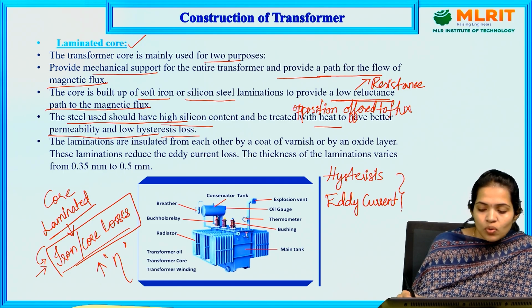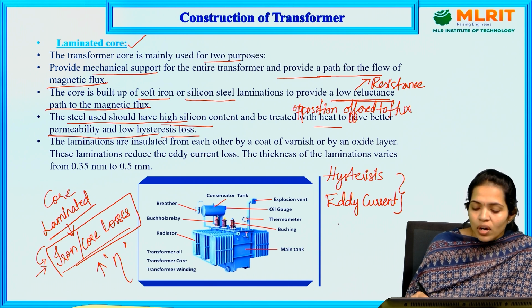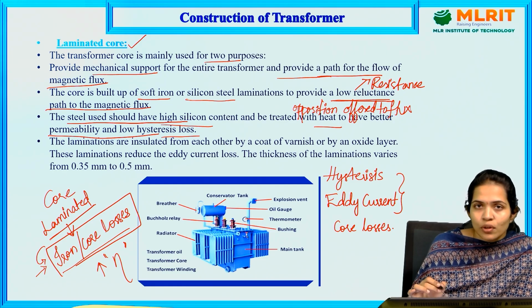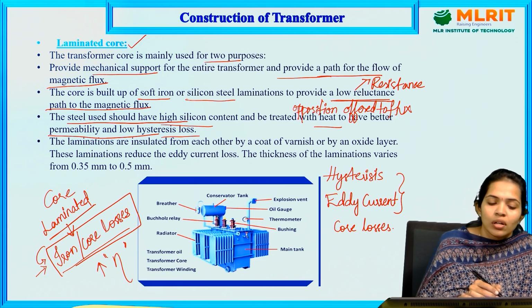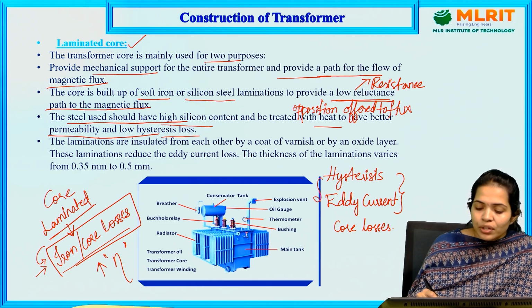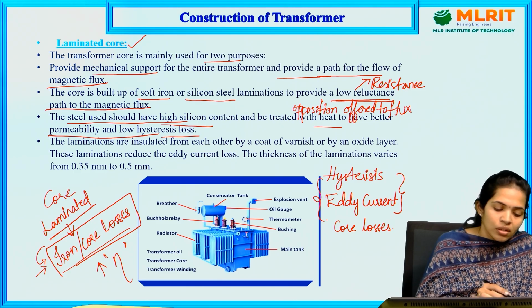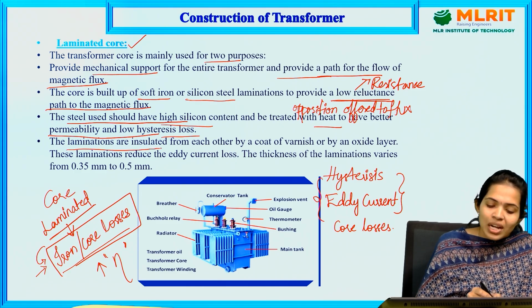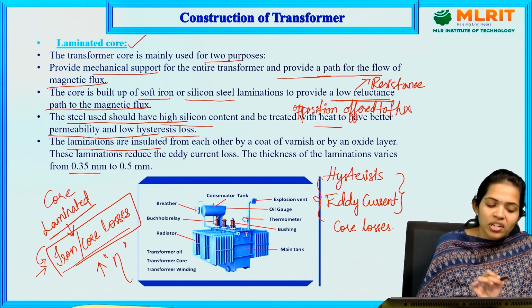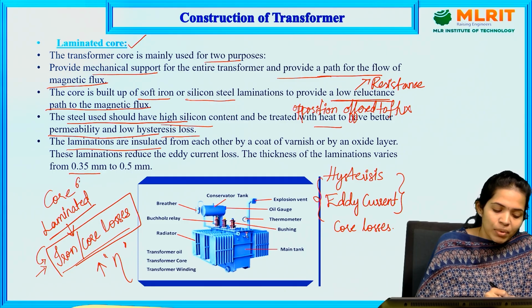These two losses together are called core losses. If we use a high grade of silicon steel to laminate our core, these losses can be reduced to a very high extent. The thickness of the laminations is 0.35 mm for 60 Hz supply frequency, and 0.5 mm for 50 Hz supply frequency.